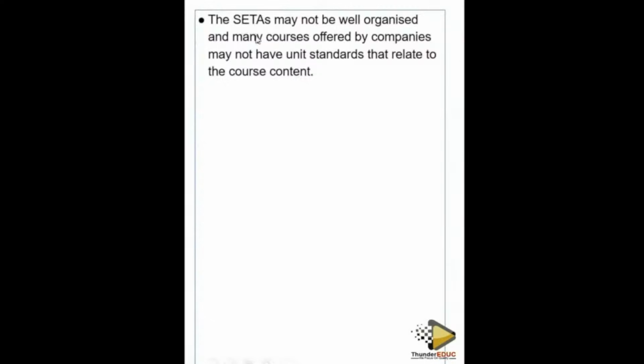So now, if government officials are slacking in terms of playing their roles, it will also affect the performance of those involved in the implementation of this Skills Development Act.